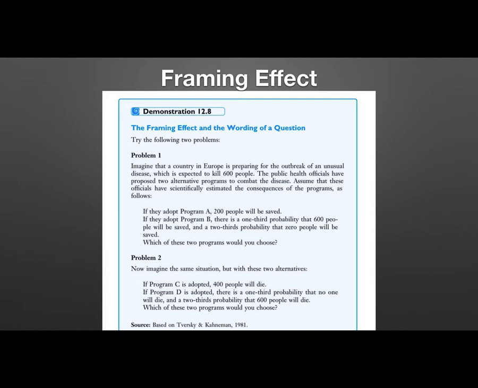So we see this certainty of saving 200 people versus in problem 2, when we look at this, we're optimistic about kind of saving all of the people. The expected outcomes for all of these are the same. So you can see where these cognitive biases can matter quite a bit when making decisions.